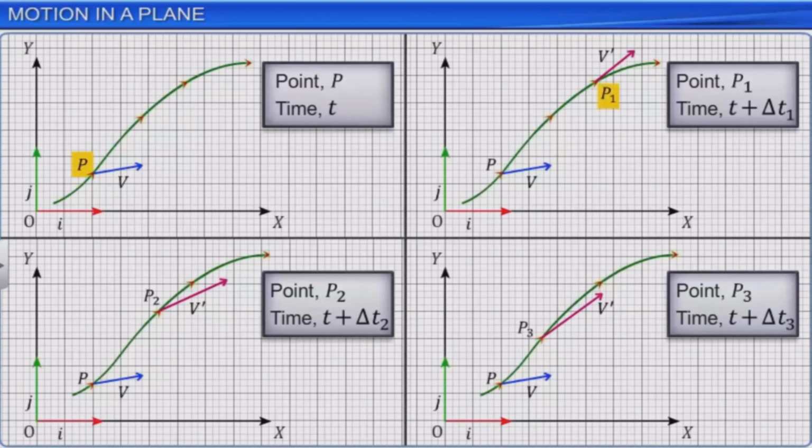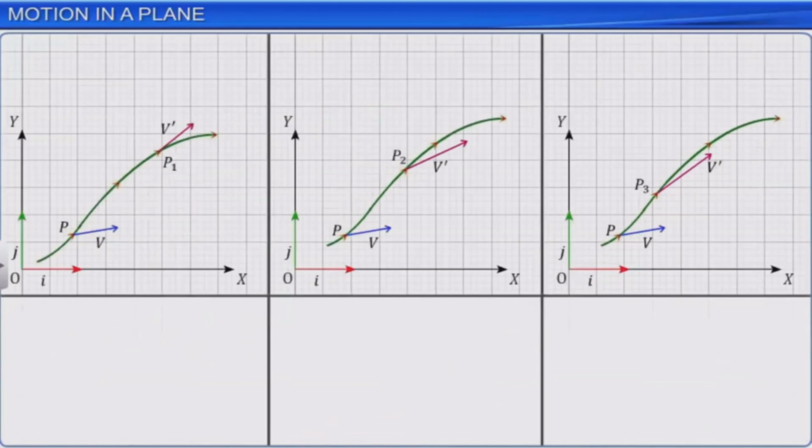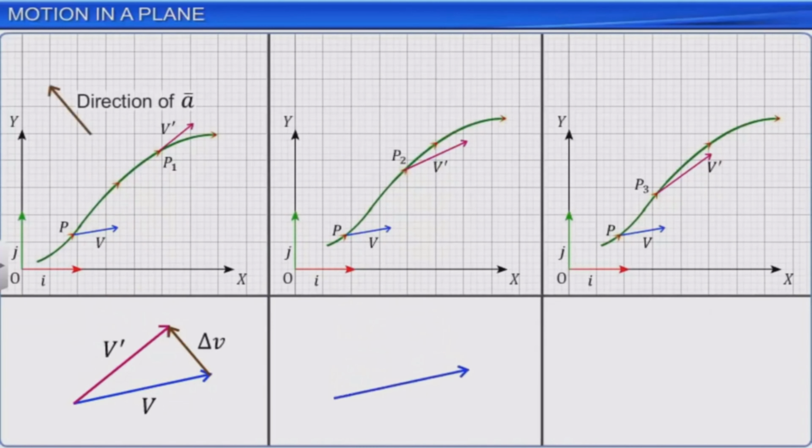For clarity, we have drawn 4 separate graphs. The direction of average acceleration, a bar, is the same as that of delta v for all the positions of the point P. In all the graphs, we have used the triangle law of vector addition.